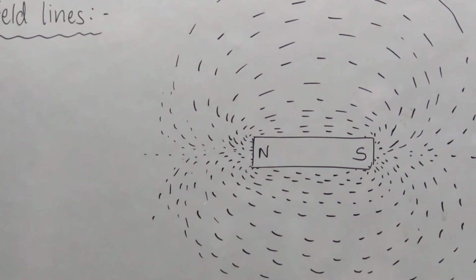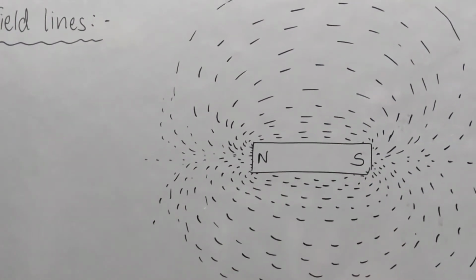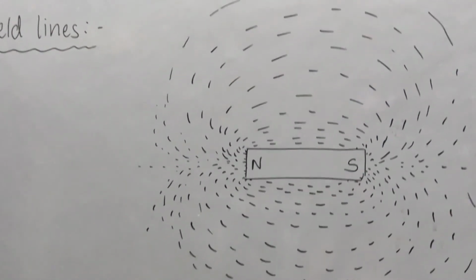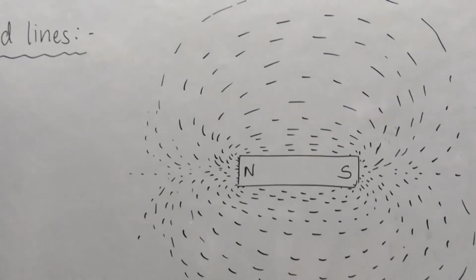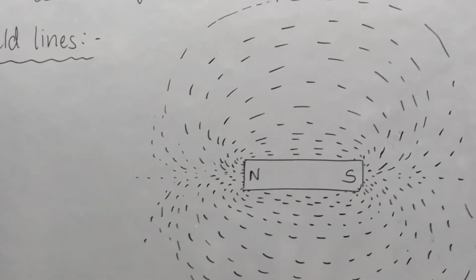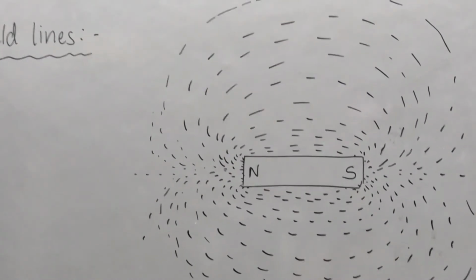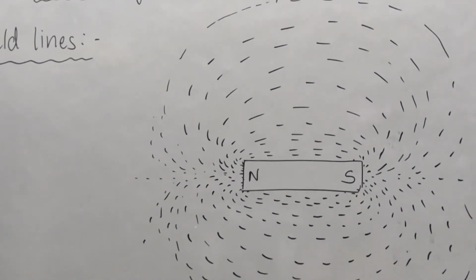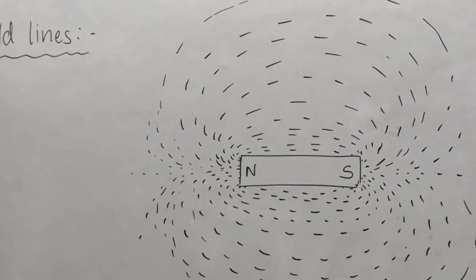It means more iron fillings are concentrated near the ends of the bar magnet. So they are experiencing more force there, or in other words, we can say magnetic field is stronger near the poles of the bar magnet.